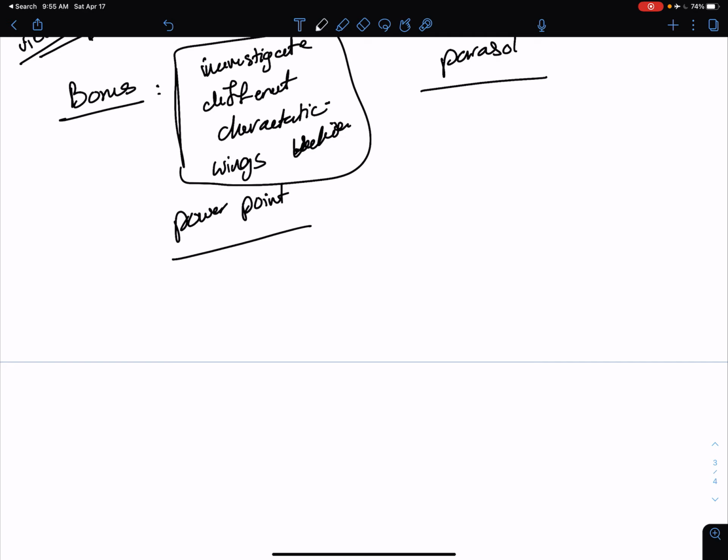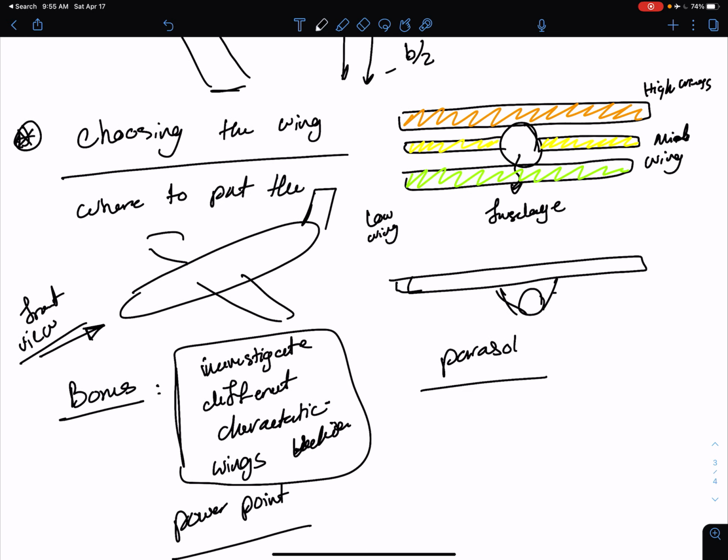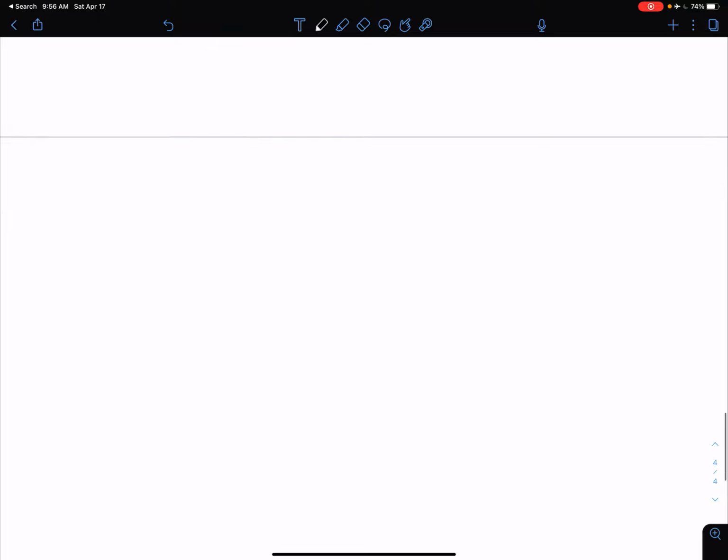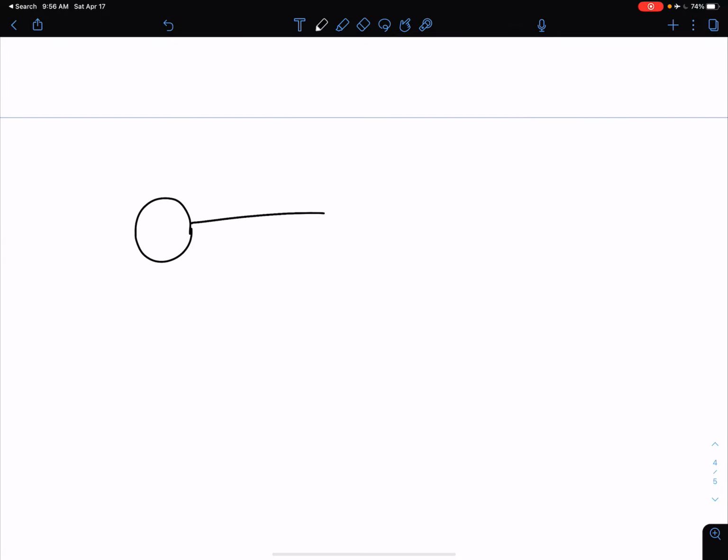Okay, but you may ask yourself, why do we always have the wings located in this plane? Let me do a mid-wing here.